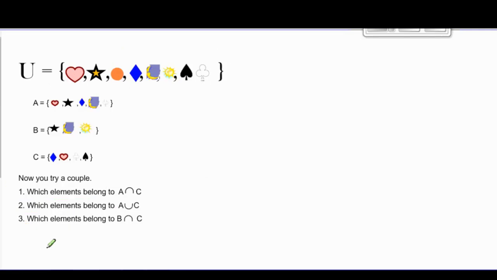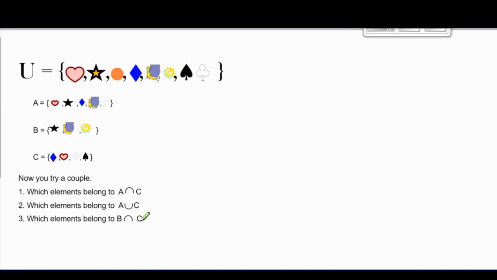Now, we're going to try a couple of these. I want you to pause your video and see if you can do these. I want to know which elements belong to A, and then figure out what this symbol means, C. So you have to decide, is that an and symbol or an or symbol, and see if you can come up with the elements in both A, blank, C. Which elements are in A, blank, C, and figure out what this symbol means.